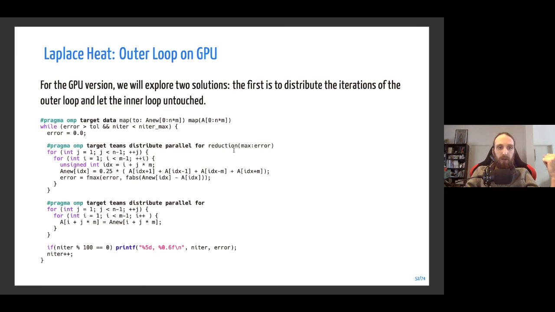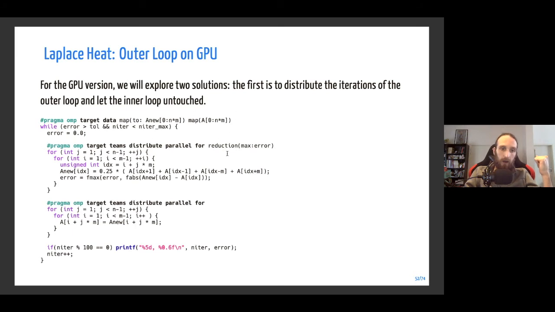So it will be active until we reach convergence or the number of iterations has been reached. Okay, so we need to copy the ANU to the GPU, and we use the default behavior for the A array. It means that it should be copied at the beginning of the calculation and copied back to the CPU at the end of the calculation, because we need the end result.